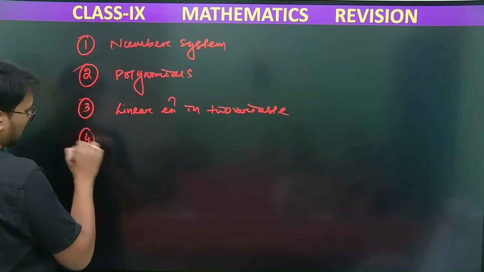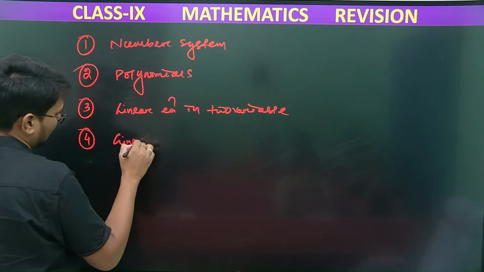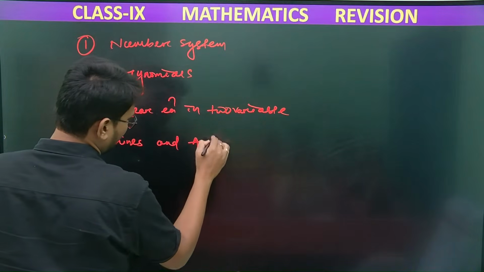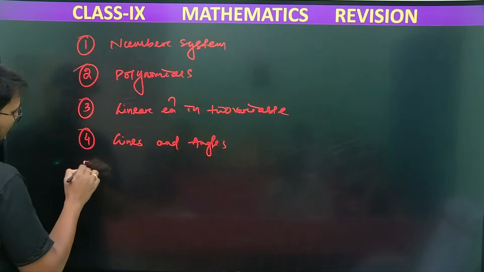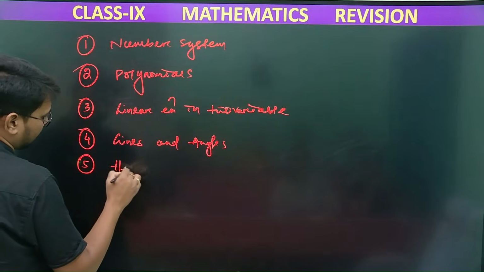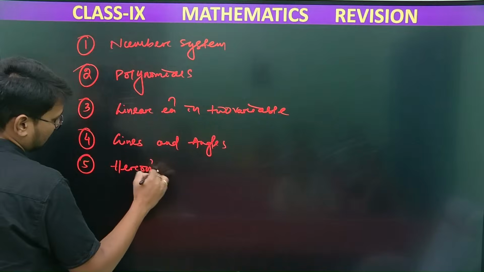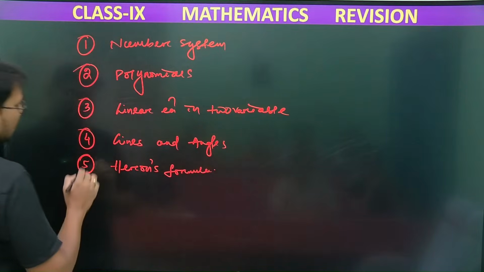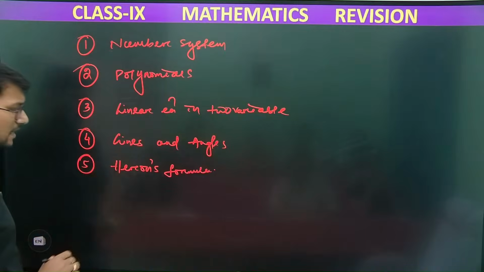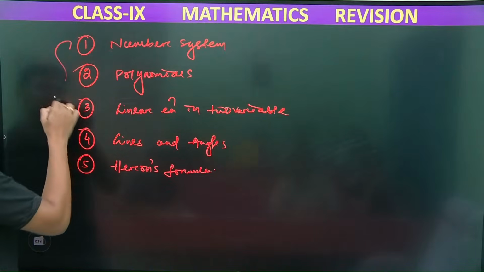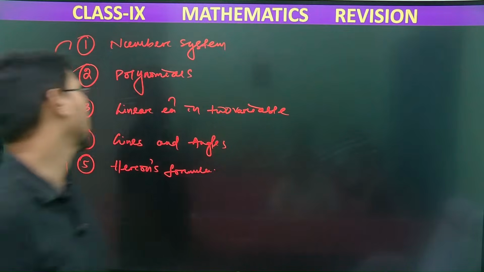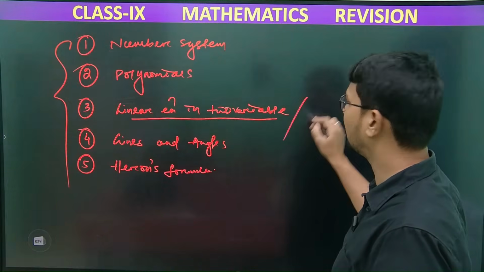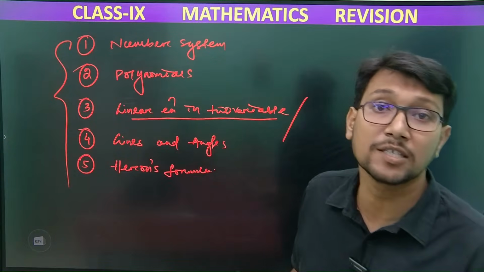Number 4, which one? Lines and angles. And 5 is Heron's formula. And some questions if possible from triangles, that I'm not writing here. Basically we will discuss these 5 chapters, and in the linear equations case also some questions if required we will discuss from coordinate geometry. Clear?